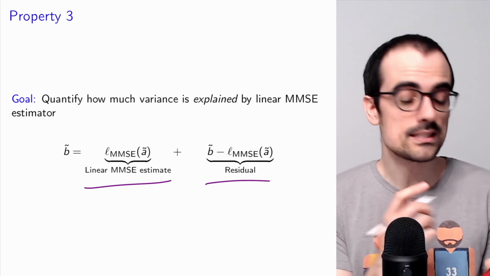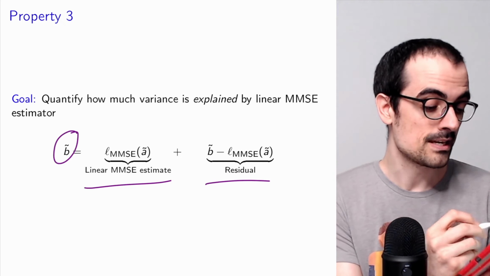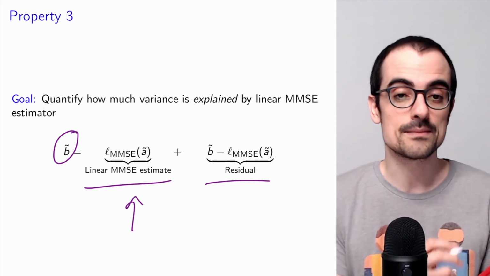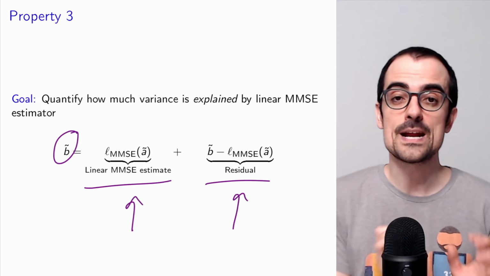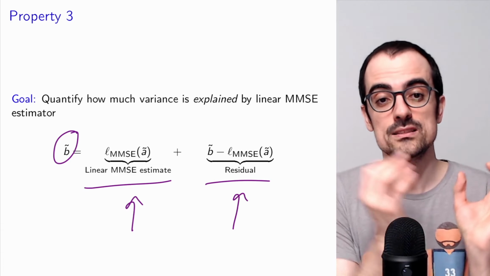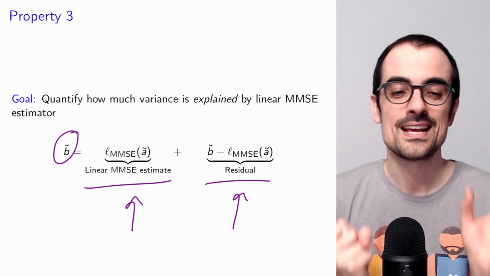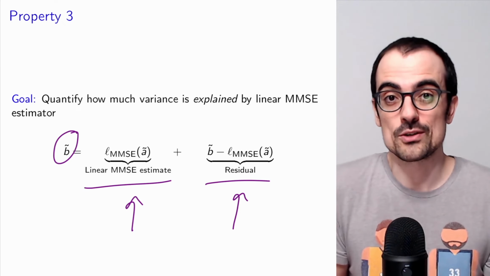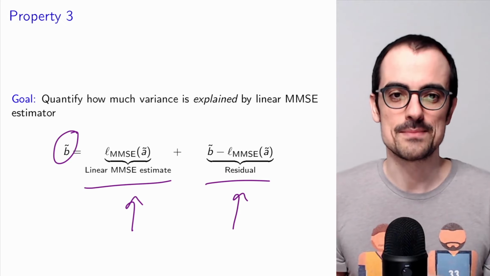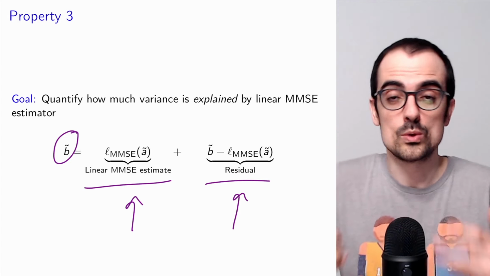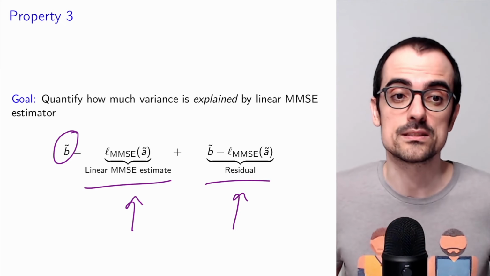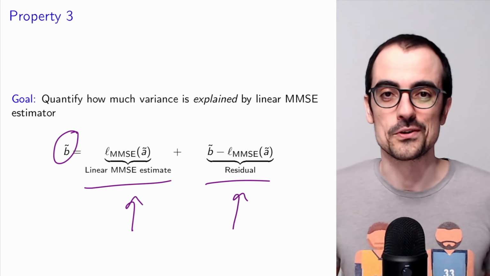What we're going to see is that we can express the variance of B as a sum of the variance of the linear estimate and the variance of the residual. So the more variance the linear estimate has, the less variance the residual has. And we will see that the correlation coefficient immediately tells you the fraction of explained variance in the linear estimate, which essentially tells you how linearly dependent the two random variables are. Okay, hopefully that makes sense.